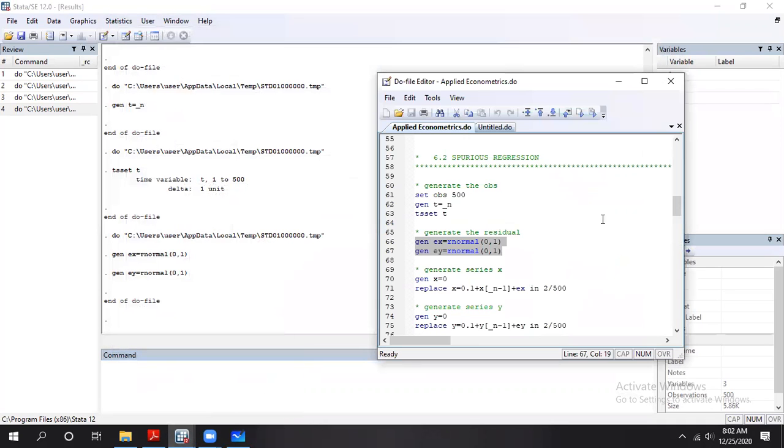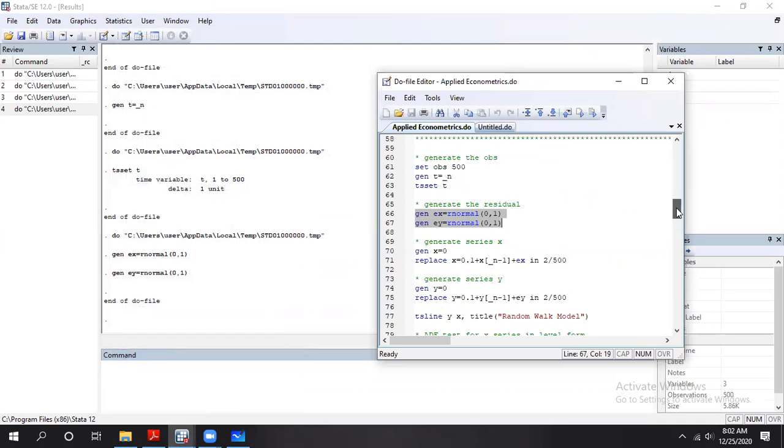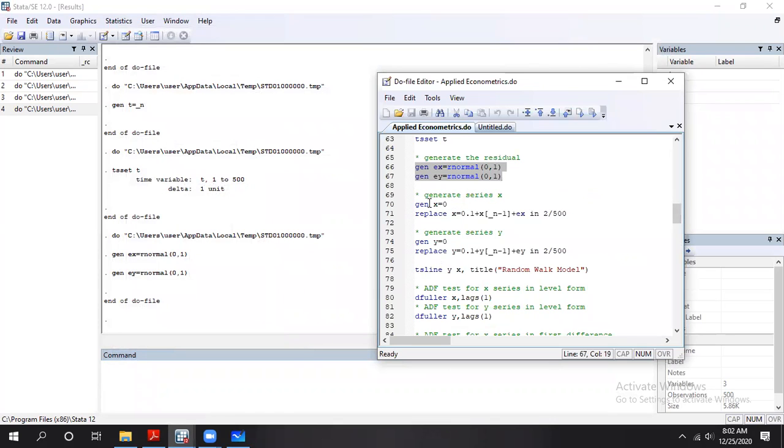Now we want to generate the series of x. Because we assume that the first observation must be equal to 0, we generate x equal to 0.